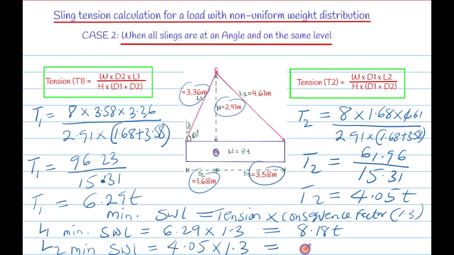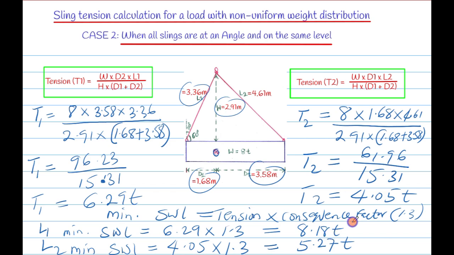So this will be 5.27 ton. So when we utilize a sling of 8.18 minimum and a sling of 5.27 for L2, then this will give us a suitable sling. The utilization will be less than 80%, which is very good.